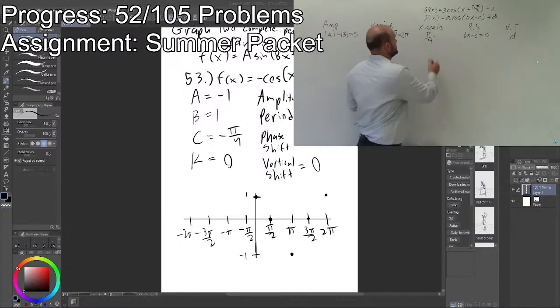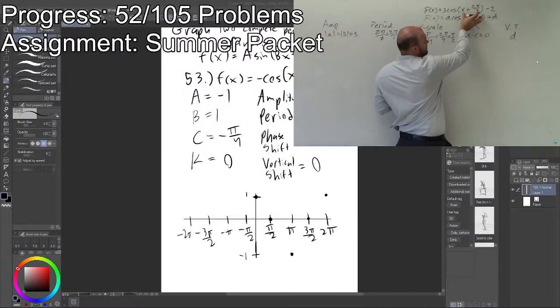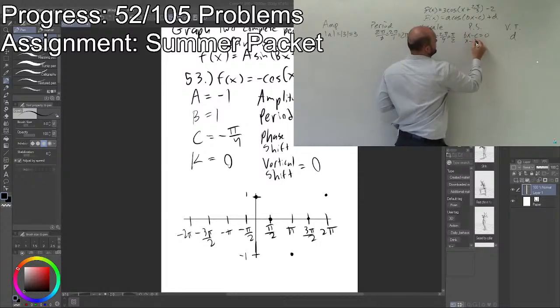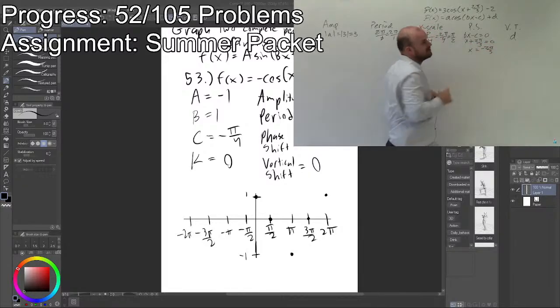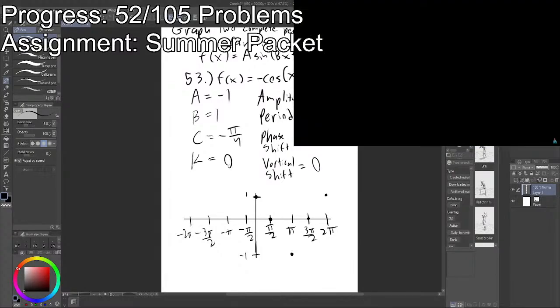Our period is just going to be 2 pi over 4, which equals pi halves. Our phase shift is going to be set whatever's inside of our parentheses, so x plus, x plus 2 pi over 3 equals 0. X equals negative 2 pi over 3, right? You have to subtract 2 pi over 3 on both sides. And then d is going to equal negative 2. That means I'm going to shift my graph down 2 units.